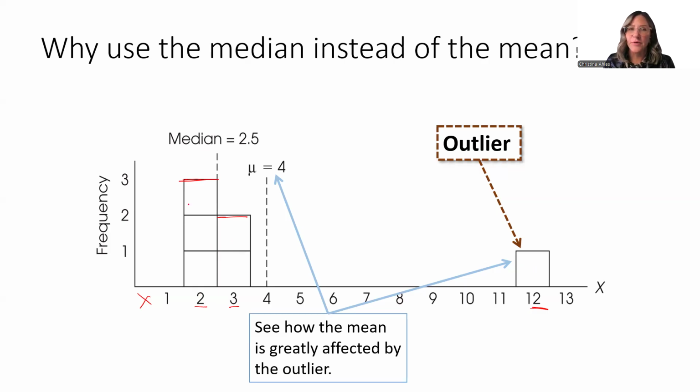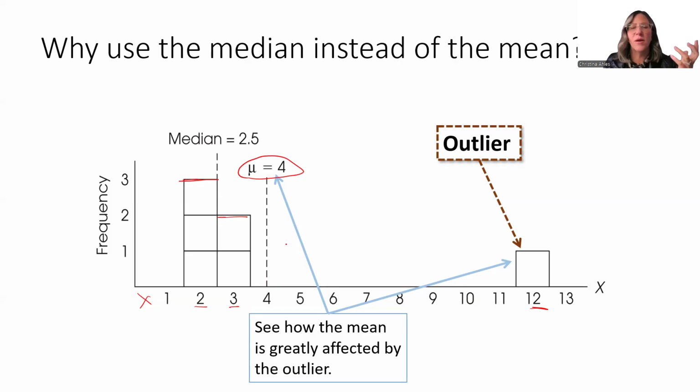And we have a sample size of 1, 2, 3, 4, 5, 6 people. If we calculated our mean, and we're using population notation here, our mean would be 4. But nobody scored 4, and there's not even very many people around 4 technically.